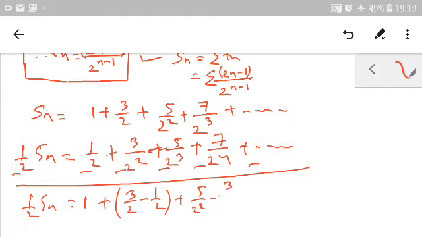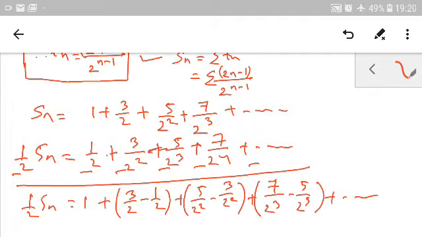Here, so I get 3 by 2 square plus 7 by 2 cube minus 5 by 2 cube. It goes on like this, right?